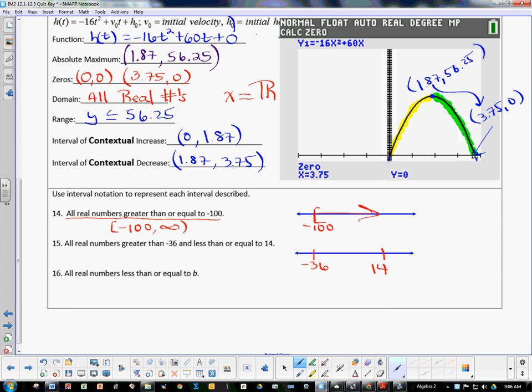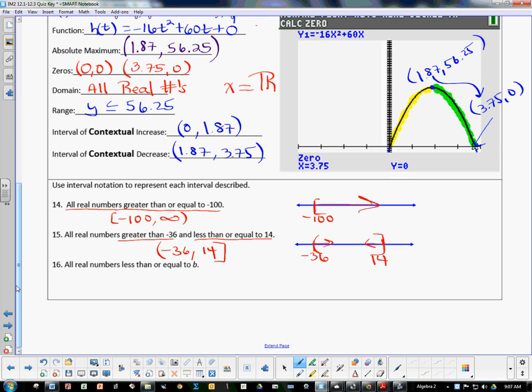So we have all real numbers that are greater than negative 36, but less than or equal to 14. So we might have parentheses and brackets happening. Greater than negative 36, that's going to be parenthesis, then bracket. Negative 36, parenthesis, all the way to 14, bracket. Really, they're testing you on whether to use a parenthesis or a bracket.